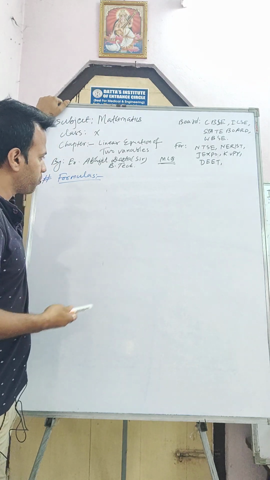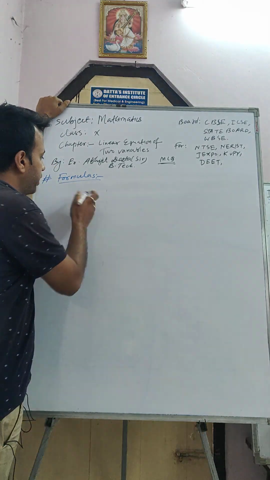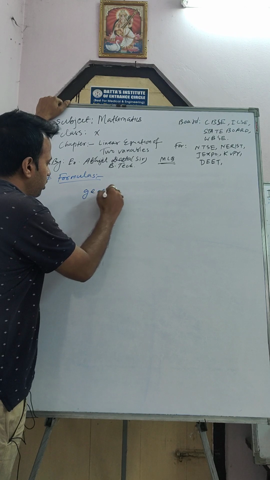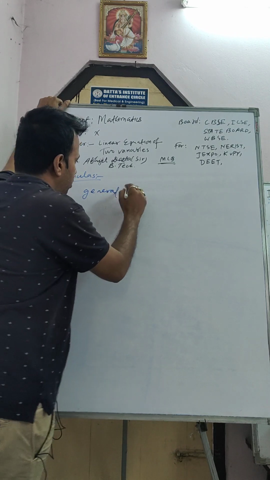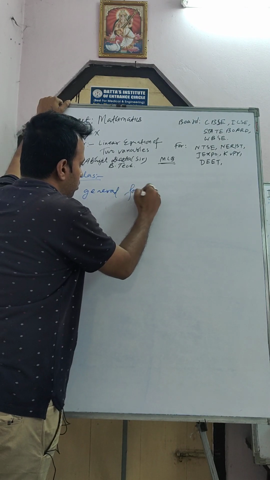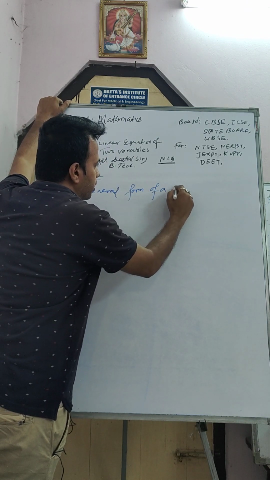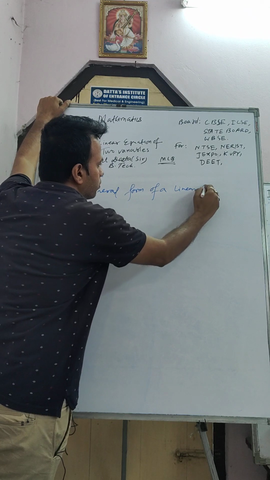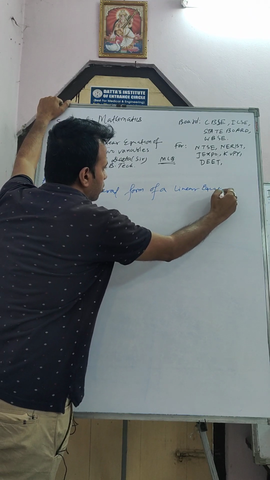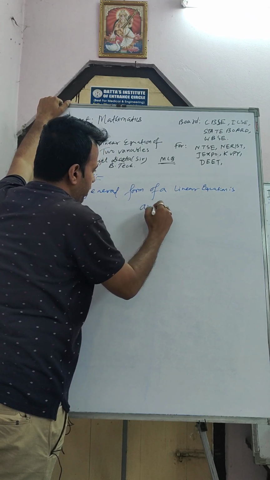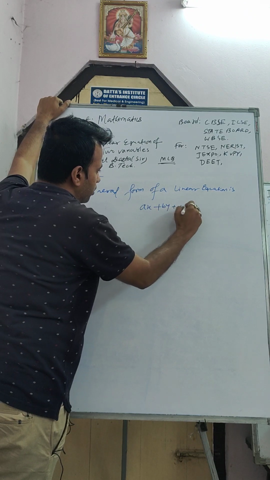Now, the general representation of two straight lines. The general form of a linear equation is ax plus by plus c.